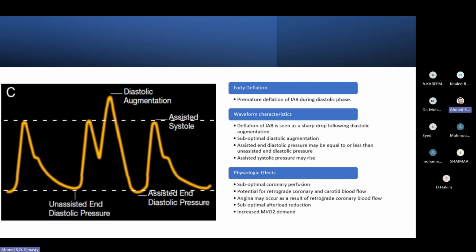and what is called the coronary steal phenomenon. Regarding the pressure changes with early deflation, the assisted end-diastolic pressure could be at the same level of the unassisted end-diastolic pressure, and also the assisted systolic pressure will be almost at the same level of the unassisted systolic pressure.